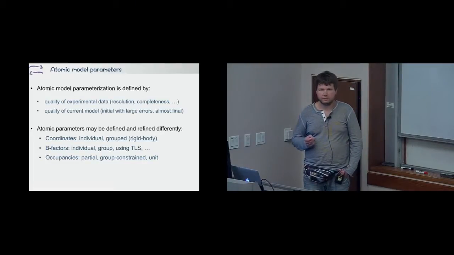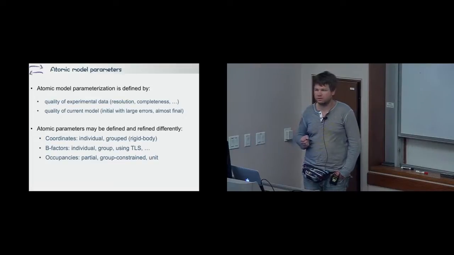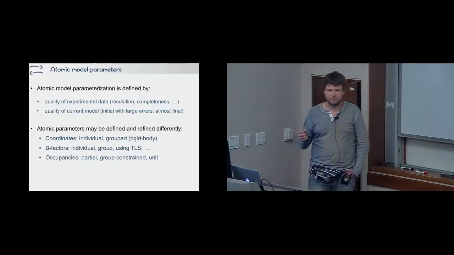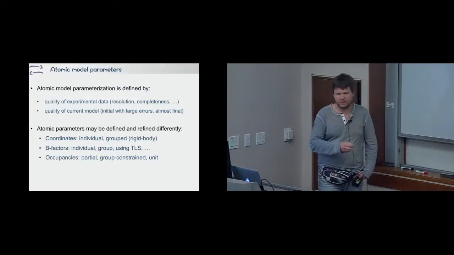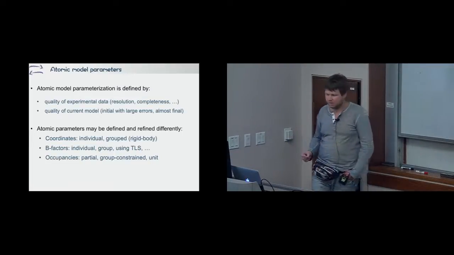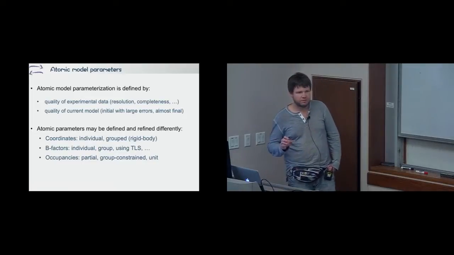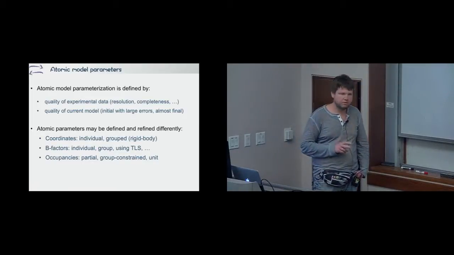Obviously, you wouldn't refine anisotropic B factors at 3-angstrom resolution. Or even if you have a 1-angstrom resolution data set, but the model is very bad, say 40% R factor, then you probably don't want to start with refining anisotropic B factors. You refine isotropic first and then switch to anisotropic. So atomic model parameterization largely depends on two factors, data quality and current model quality.